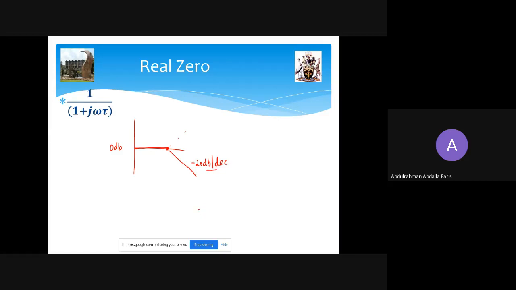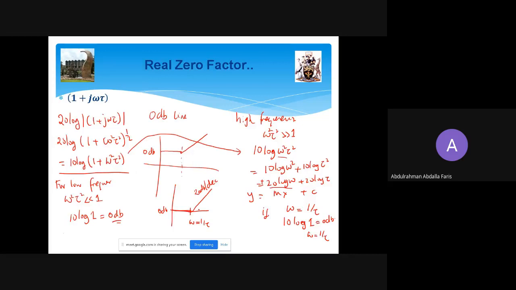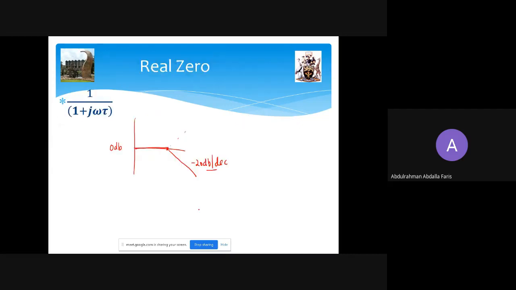If you apply the same argument for a real pole, you'll have a zero line for lower frequencies, and then for higher frequencies, you'll have a slope of minus 20 dB per decade.